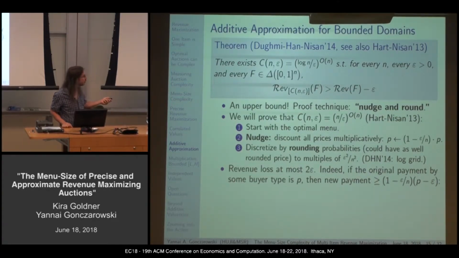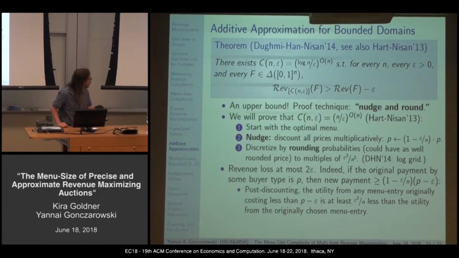So we just have to show why, if the original buyer type paid p, then she will pay at least this after the nudging and rounding. So post-discounting, pre-rounding, consider the utility from any menu entry originally costing less than p minus epsilon. We have what the buyer type chose to begin with, which costs p.